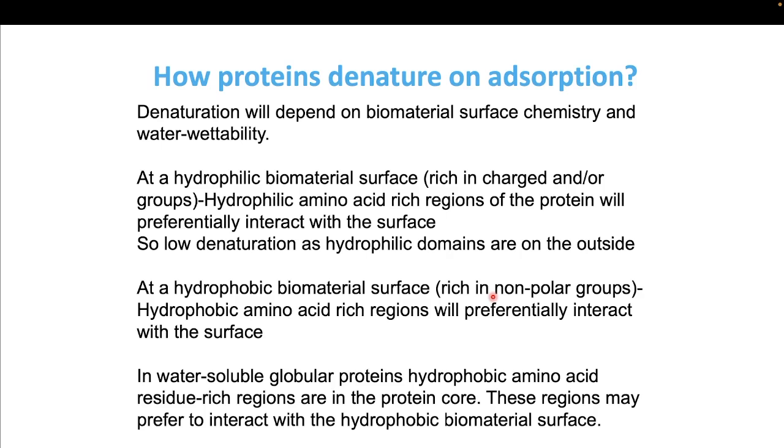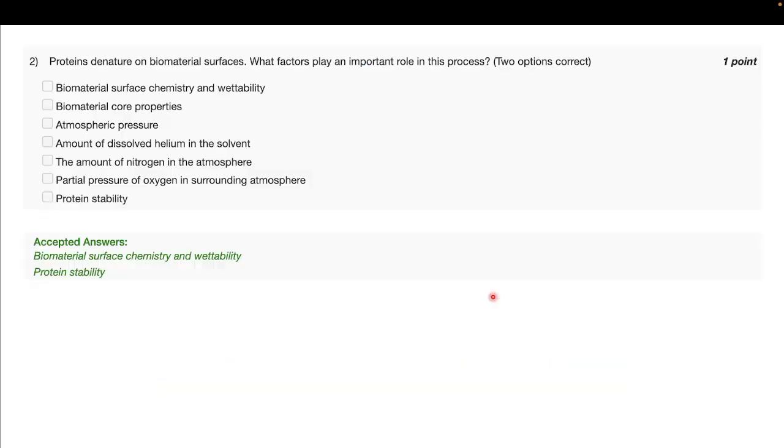So how much denaturation is happening will depend upon, first of all, your protein stability, how stable your protein is, and then the surface chemistry, whether your biomaterial surface is hydrophobic or hydrophilic. So the only two correct options for this question are biomaterial surface chemistry and mutability and protein stability.